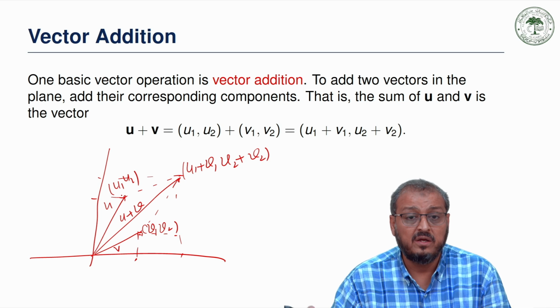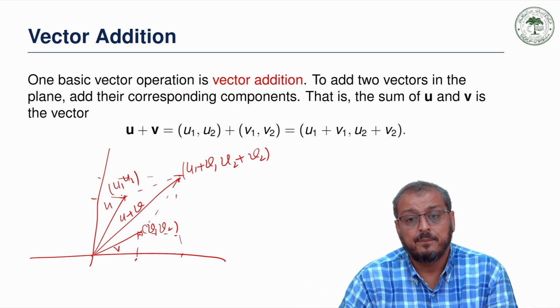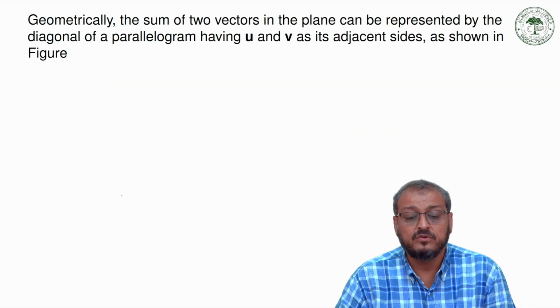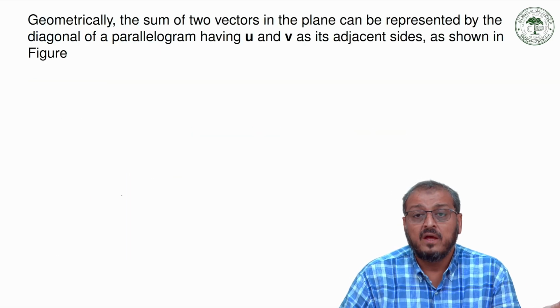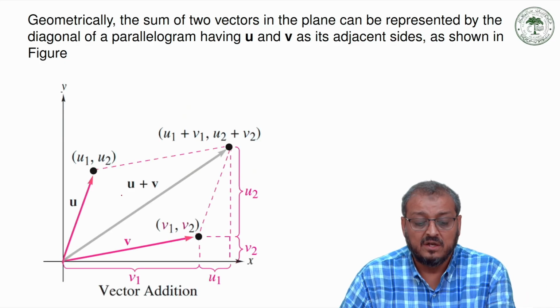So, geometrically, the addition of two vectors can be represented by the parallelogram, and the sum of two vectors in a plane can be represented by the diagonal of the parallelogram having u and v as adjacent vectors.